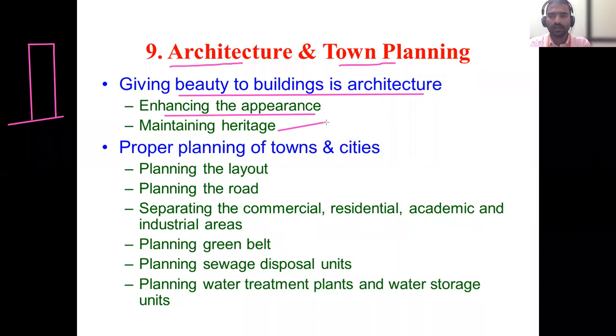So to maintain it, what do we do? Every year there is external cleaning of the building, and we also paint the house. Why paint the house? Because we have to maintain its heritage. That's why we paint the external structure of houses.